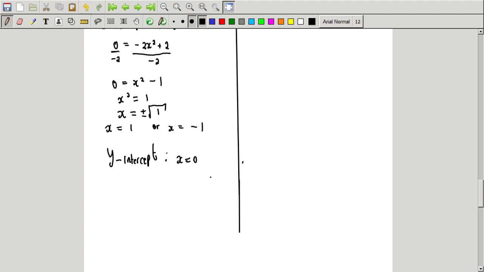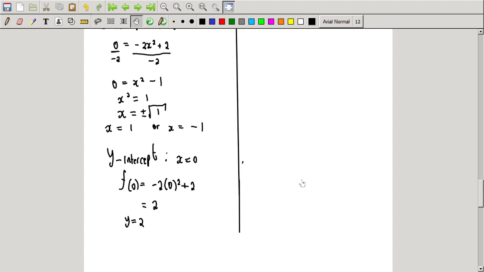On the y-axis, x is equal to 0. So it means we have to get where the x value of the function is 0. So the y-intercept is equal to 2. We got it.